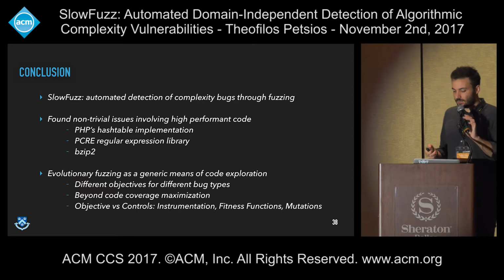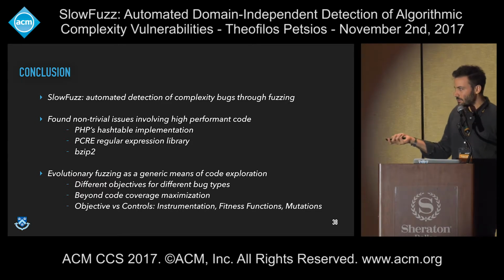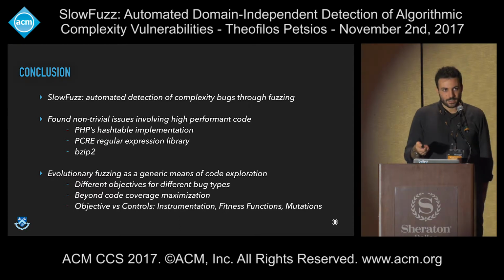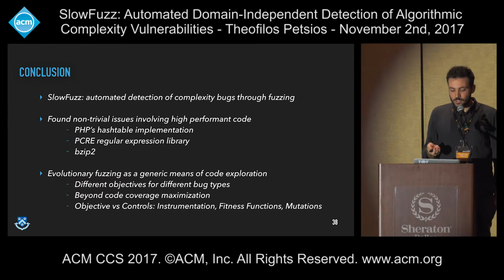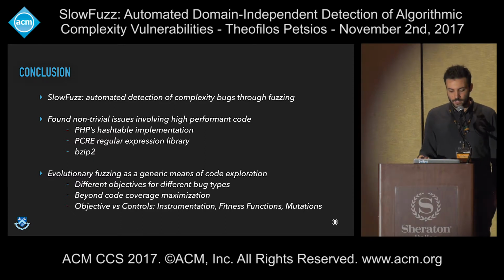So essentially, the key takeaway from this talk is that we make the case for automated detection of complexity bugs through fuzzing, and we show that this is possible in non-trivial scenarios for several instances of complexity vulnerabilities that have been seen in the wild. And I guess the key takeaway is that evolutionary testing should be seen more as a generic means of code exploration.